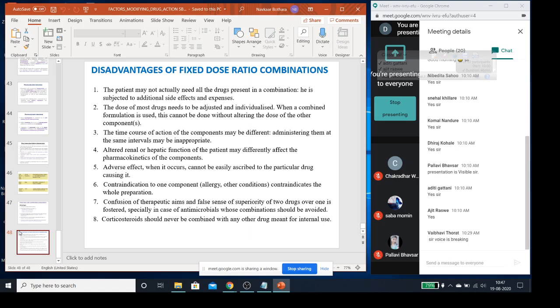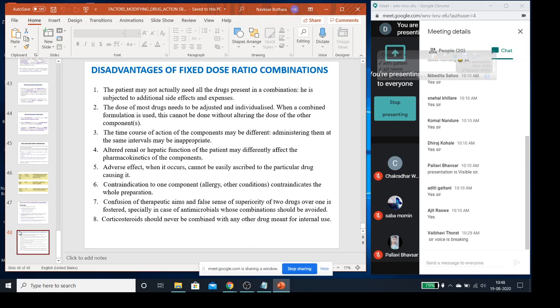So because of either renal or hepatic function problems, there can be accumulation of drug A or drug B. While combining, if people have seen that both have the same pharmacokinetic features or near half-lives, say one is 4 hours and another is 5 hours, then it is acceptable.